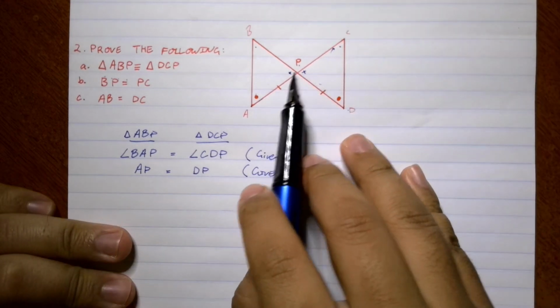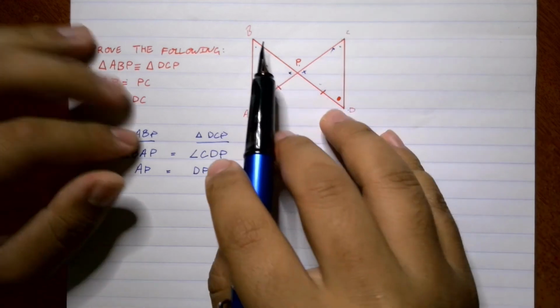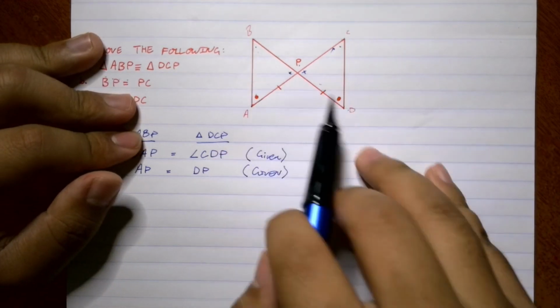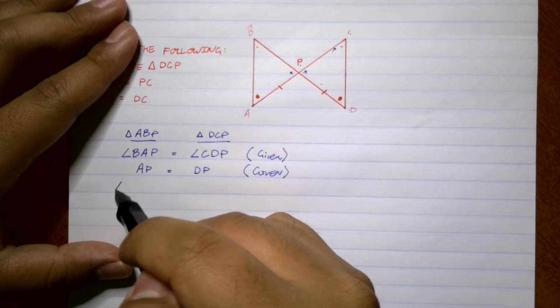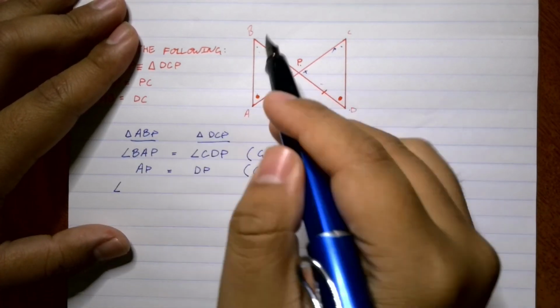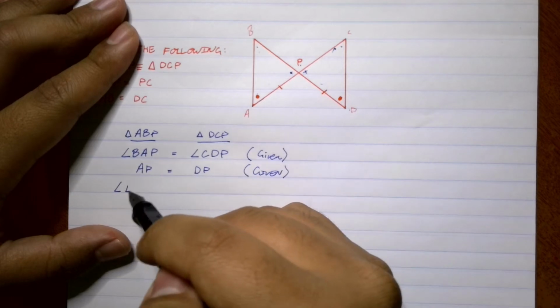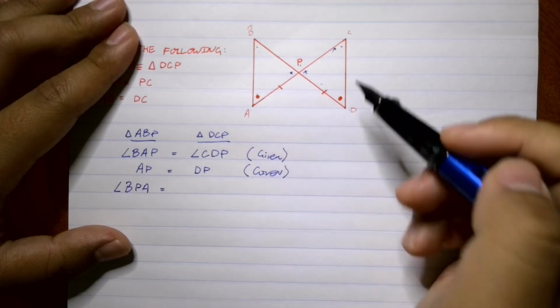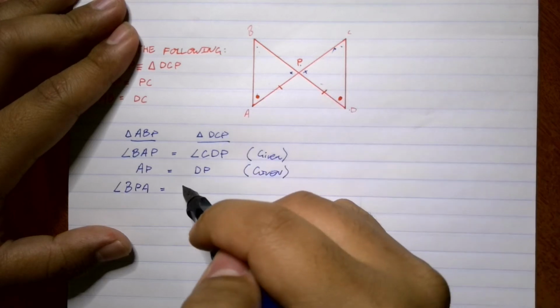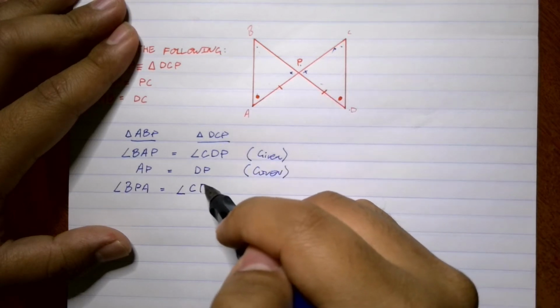I think we're going to have to draw on the idea that these two angles are vertically opposite from each other. So we're going to use that piece of information. So angle BPA is equal to angle CPD.